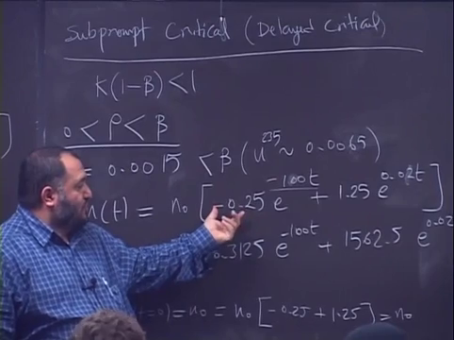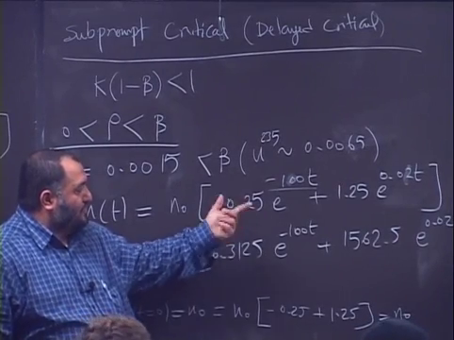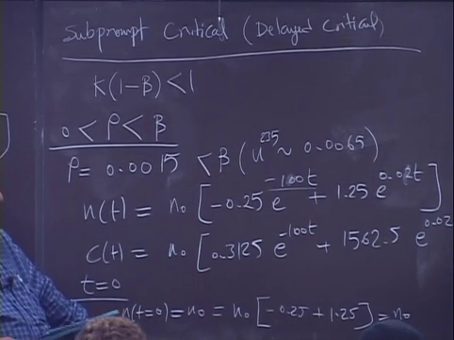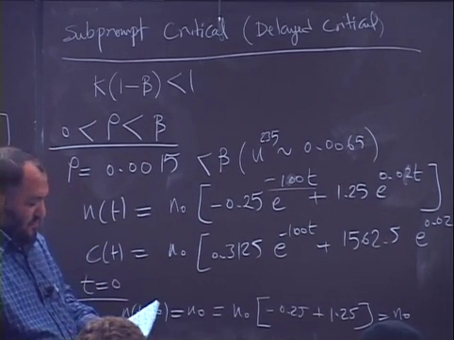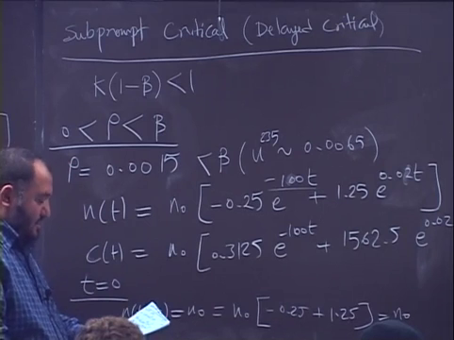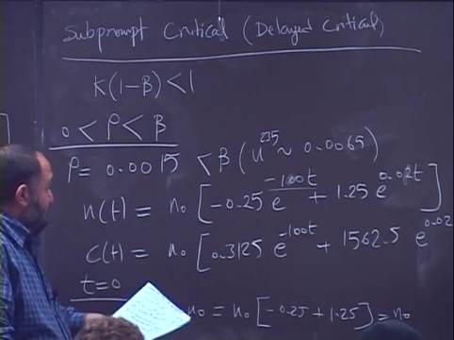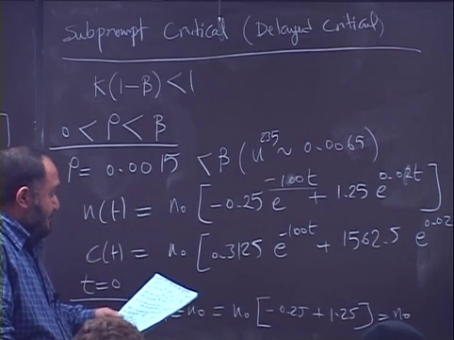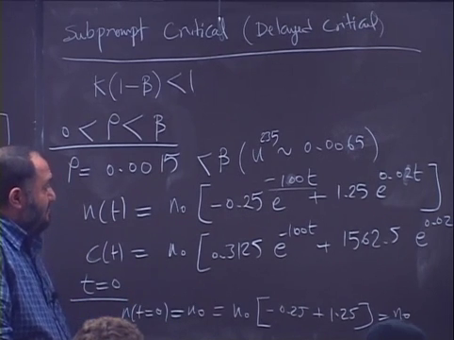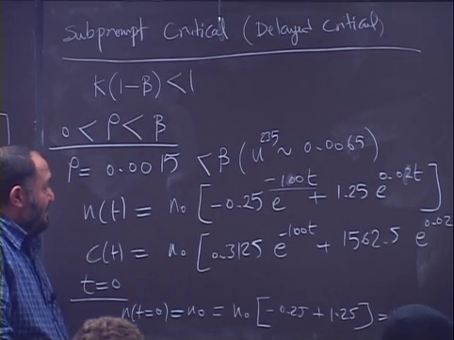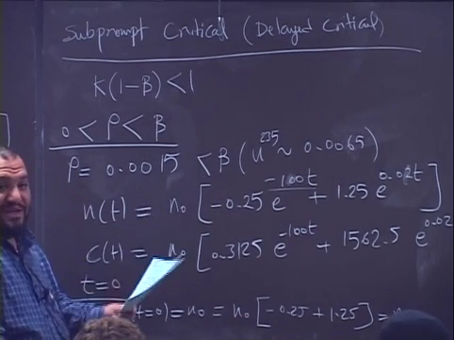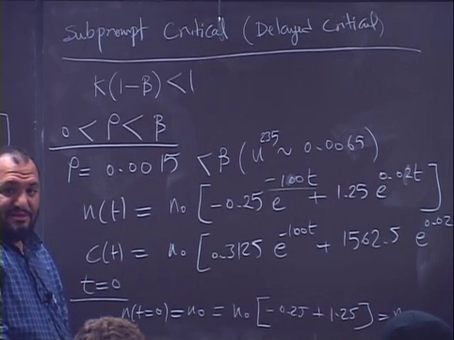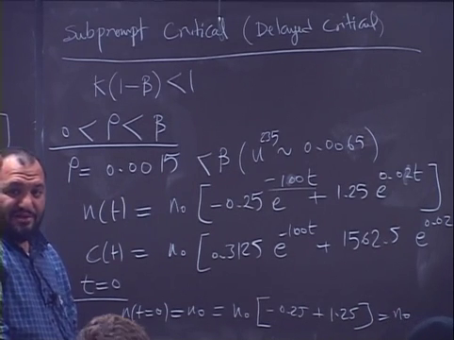So what happened for your equation here? For the N naught, you will have a jump increase in N naught.